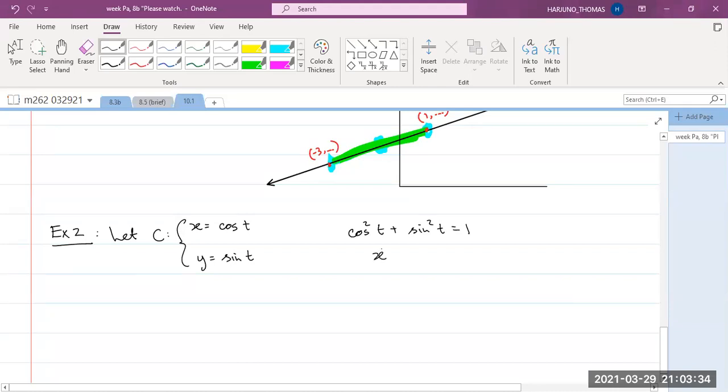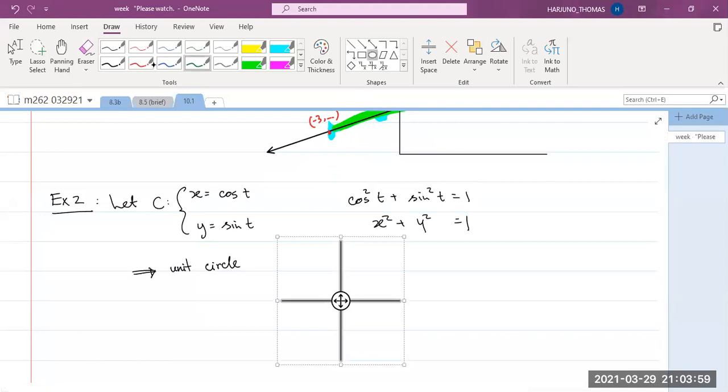So x squared plus y squared equals 1, right? So it is a unit circle, centered at the origin with radius 1. Now, if we try to sketch that, it will be a unit circle. That's not the issue.